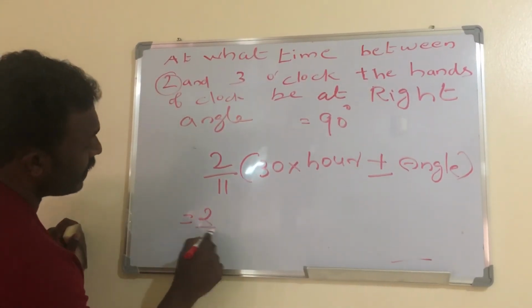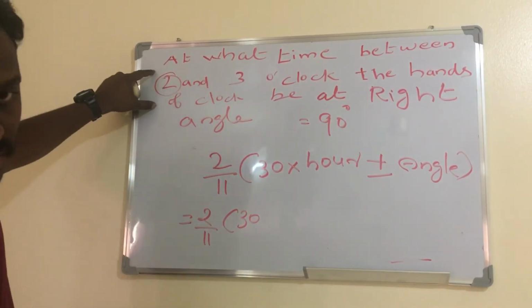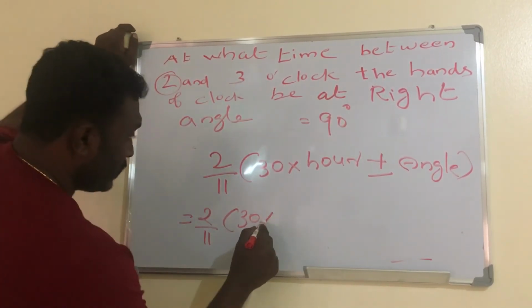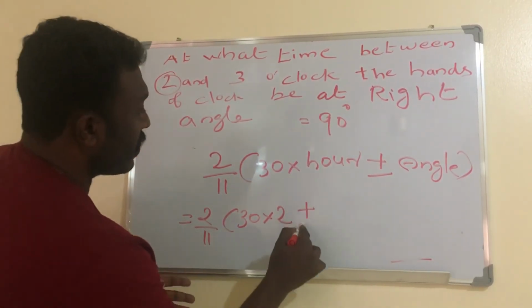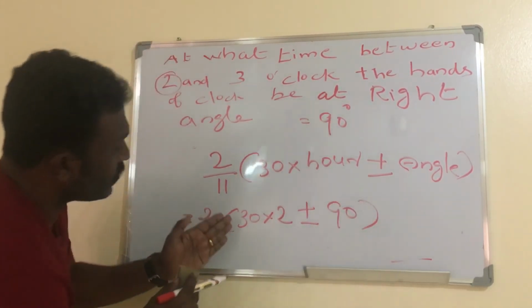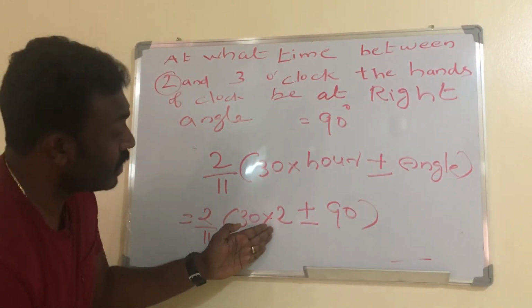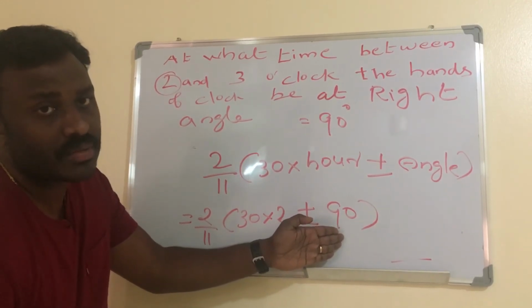So 2 by 11, 30 into, here the hour is 2. 30 into 2 is 60. 60 plus 90 will come to 150.